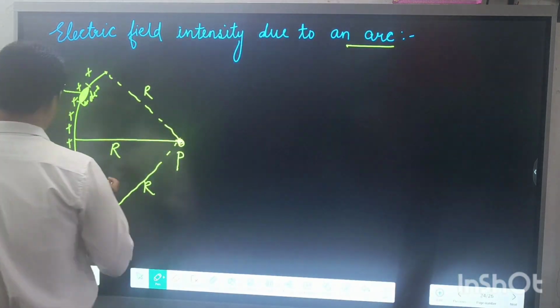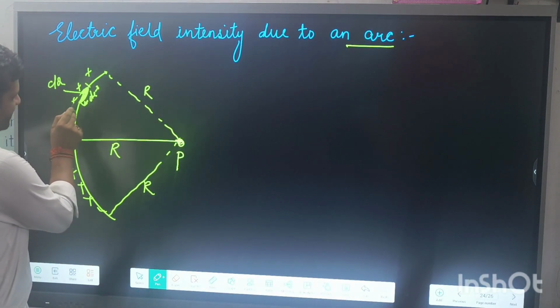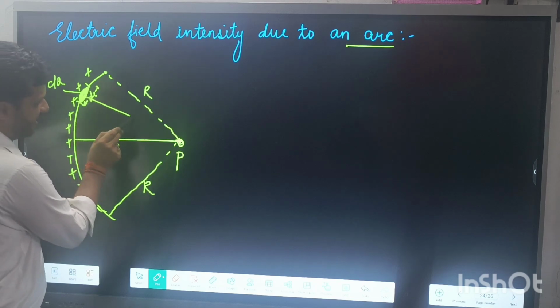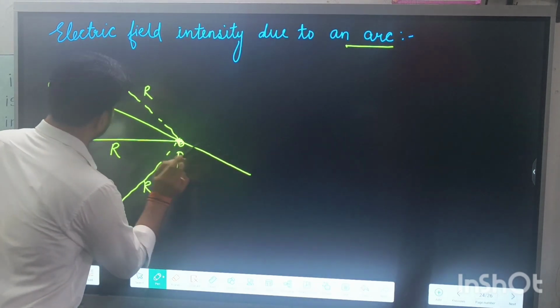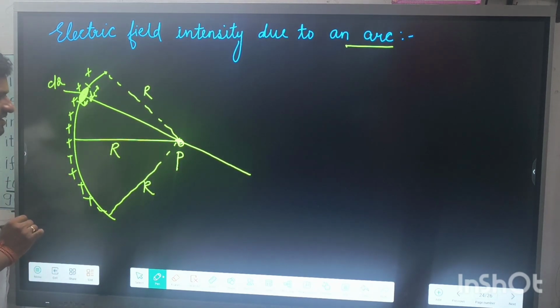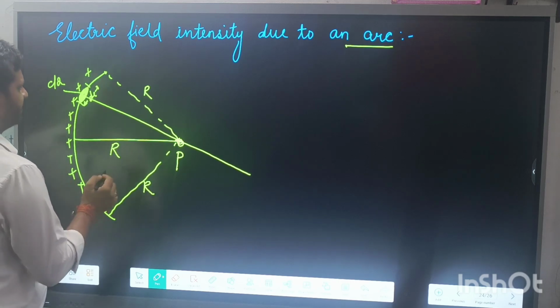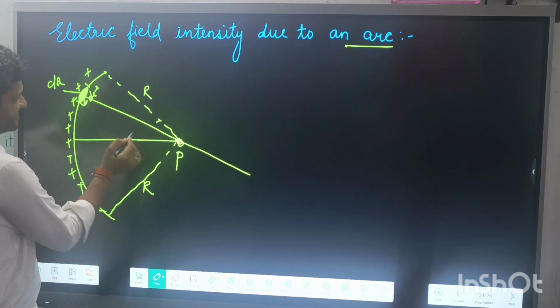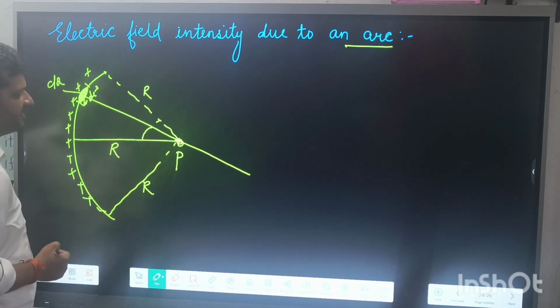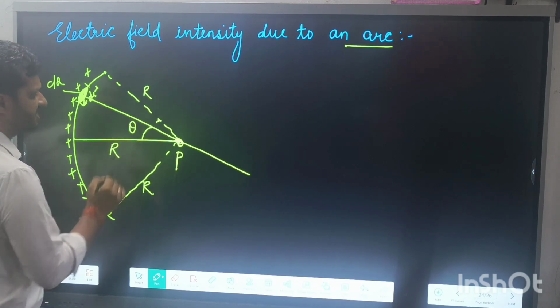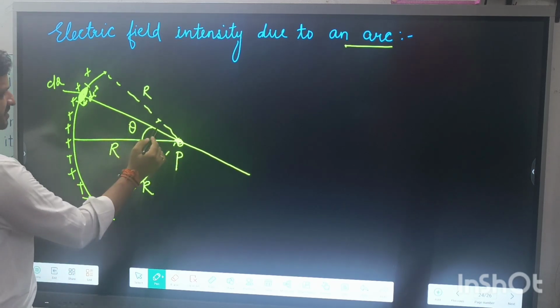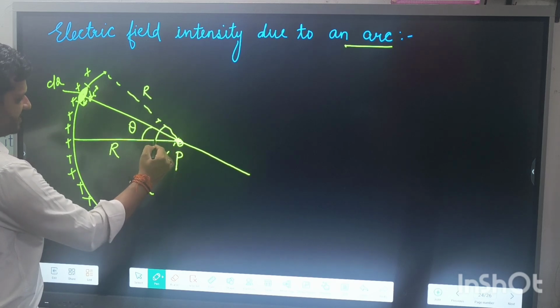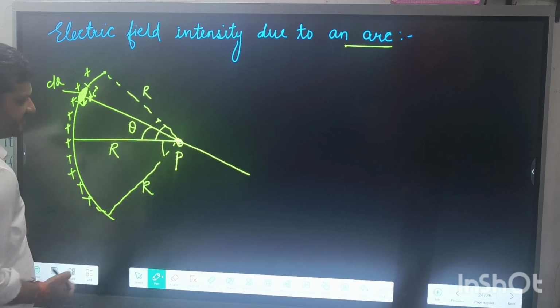So first we will go with the concept: calculate the value of electric field intensity at this point P due to this charge dq. Before going to that, I am supposed to find that it will make a certain angle. Let this angle be considered as theta, right? So overall theta will vary from this end to this end, right?